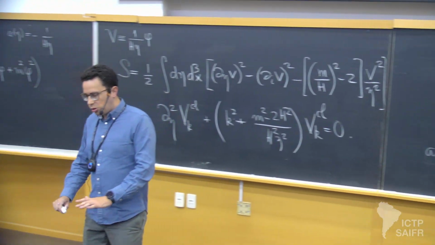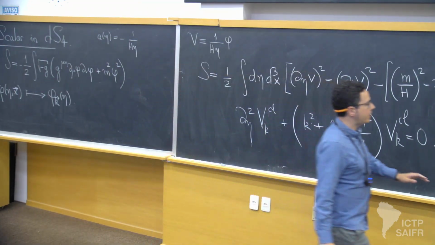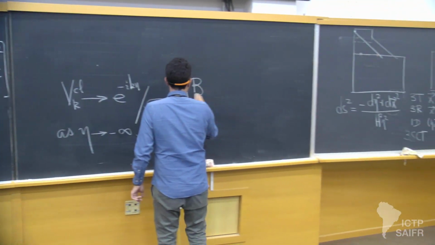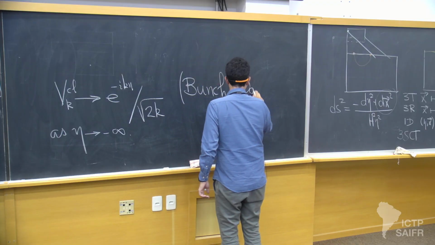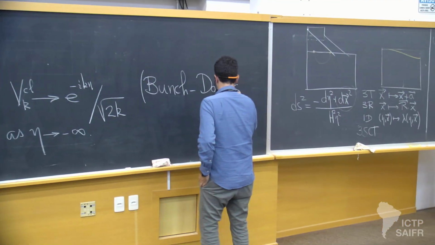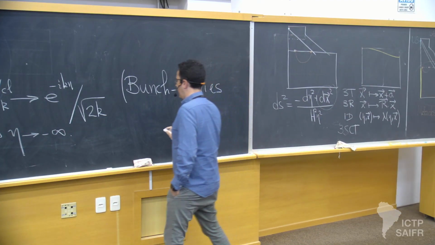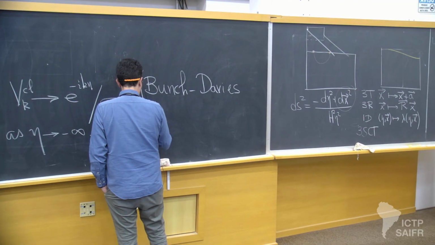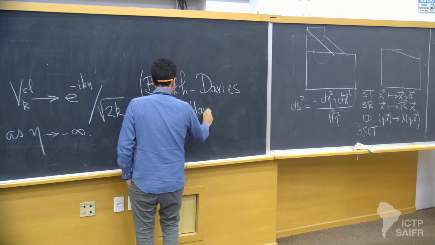And I will stop here, okay? I will just close my eyes and use this quantization condition. So this is called, as usual, it's named after people that did not invent it, the Bunch-Davies vacuum. And it has millions of names, actually. It's also called the Hartle-Hawking vacuum.